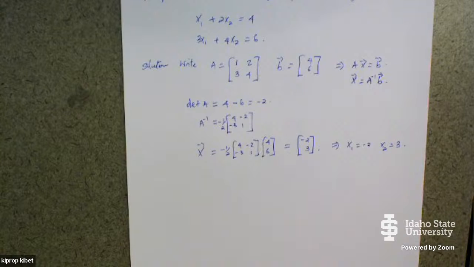But for the 3 by 3, you can actually use the other one. But I'll show you how to get the inverse of a 3 by 3. Very easy. Okay, any other question?